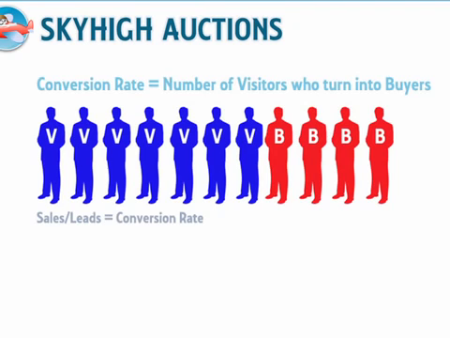The next important factor is your conversion rate. Your conversions are the number of leads compared with the number of people who actually buy. You can easily calculate your conversion rate by dividing the number of sales that you make by the number of leads that you get.